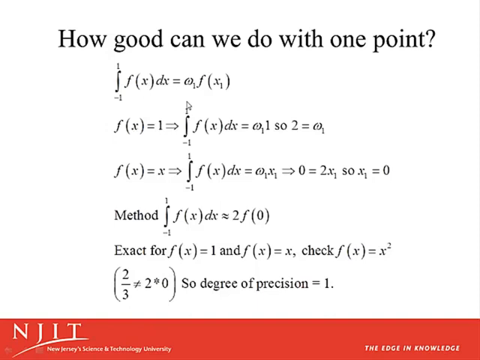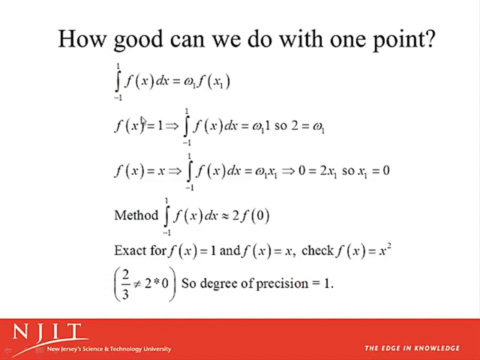So let's see, how good can we do with 1 point? Suppose we want to find the area under f of x from -1 to 1, and we're going to use 1 point. So we're going to develop a method that says, in order to approximate that integral, we'll take a certain constant value times the y value at a certain point.